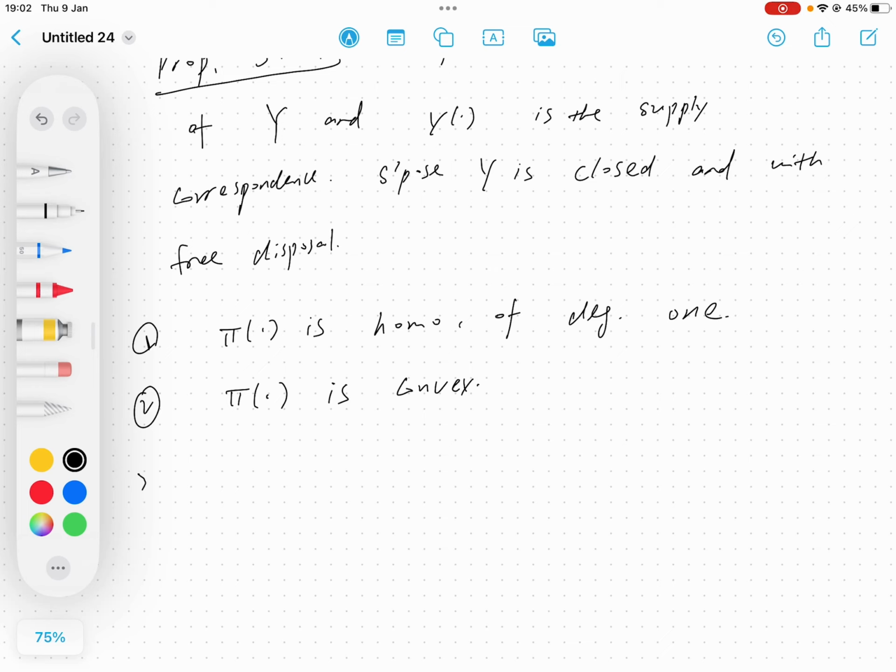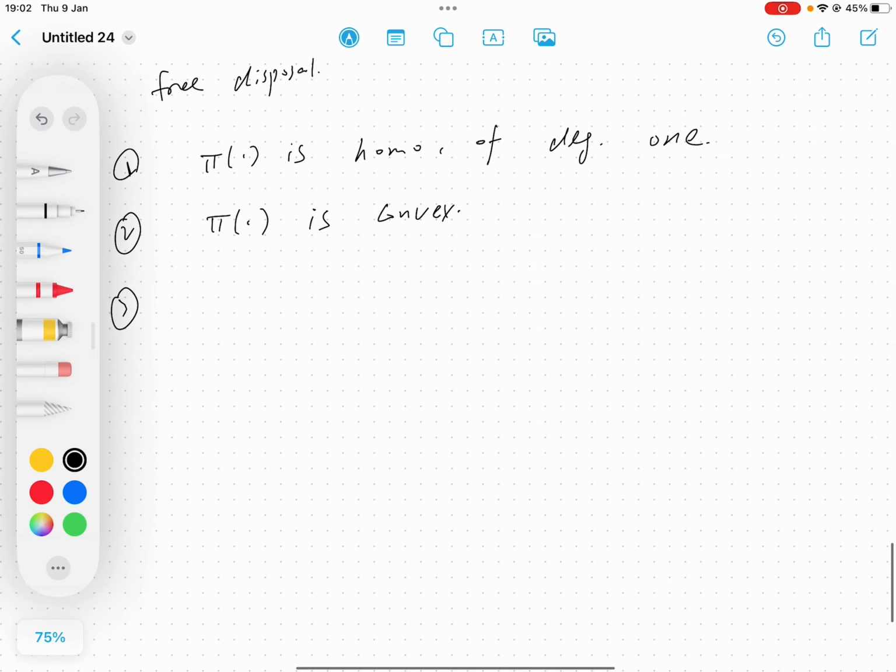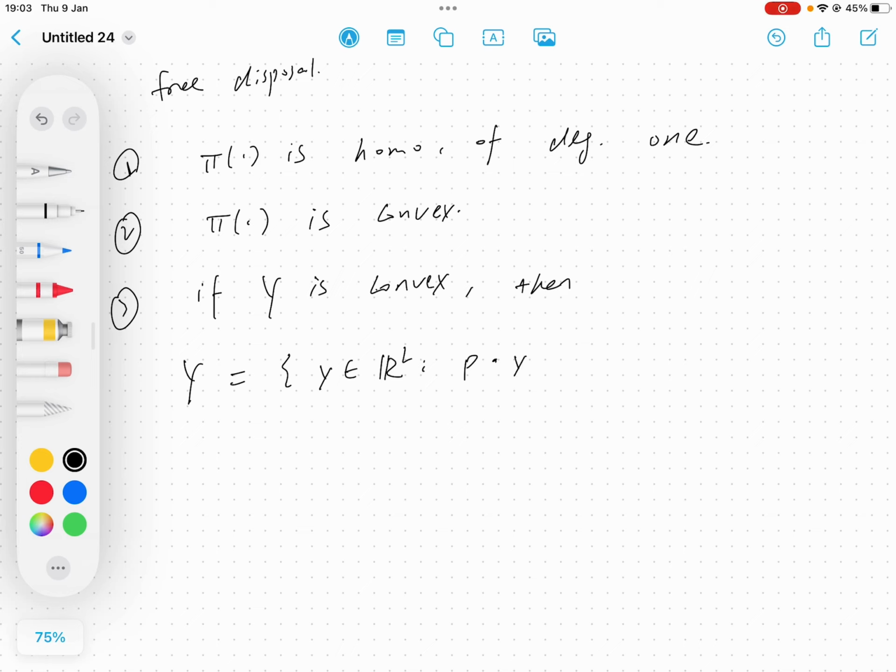And third, if capital Y is convex, then Y is all those little y's where we have p times y, and that is now equal to the profit for all p positive.